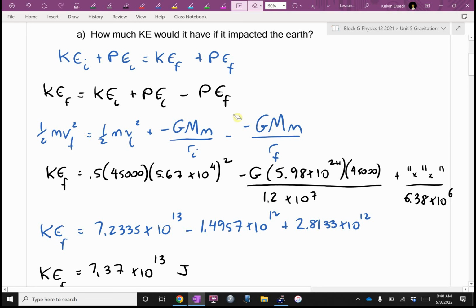I would have turned the whole right side into a number, then I would have got the v by itself. Or if they had asked me to find the initial radius, how far it had started from the Earth, if they had told me how hard it hit, same thing. I would have got PE initial by itself. I would have gotten an entire answer. Only then would I've got the R by itself.